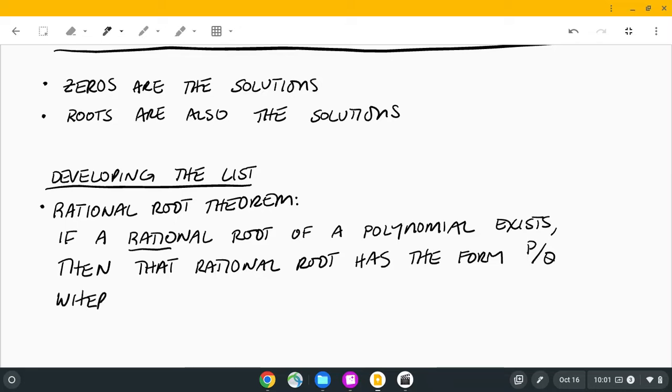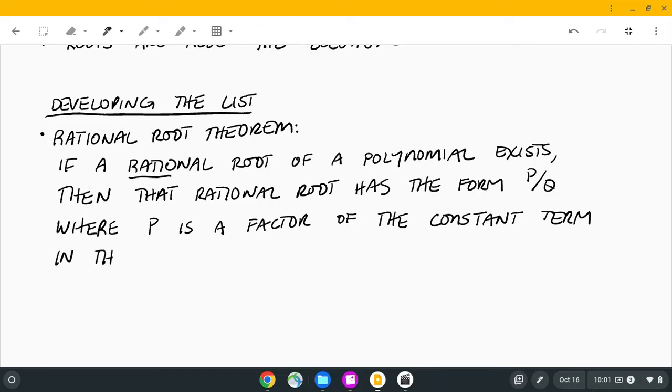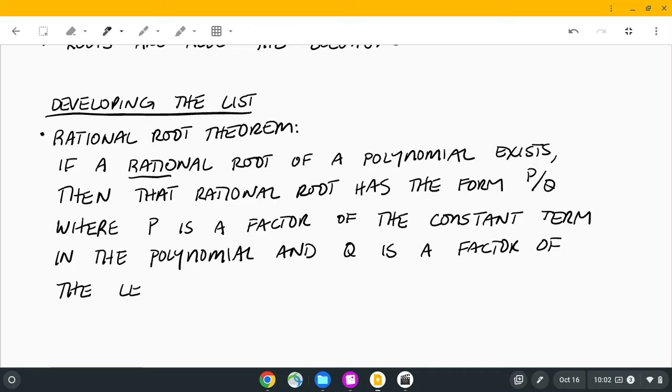where p is a factor of the constant term in the polynomial, and q is a factor of the leading coefficient.